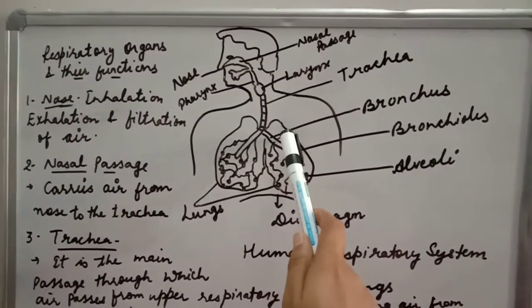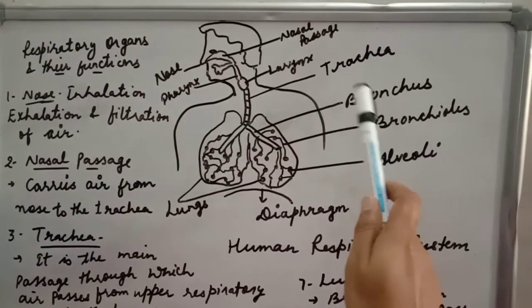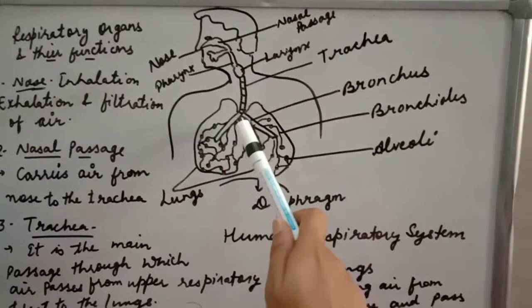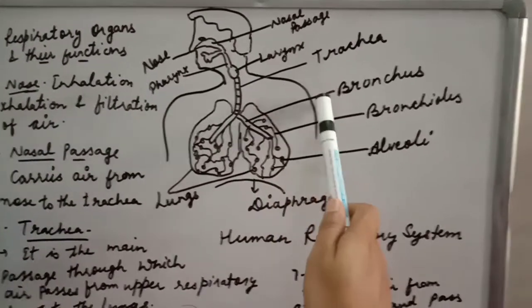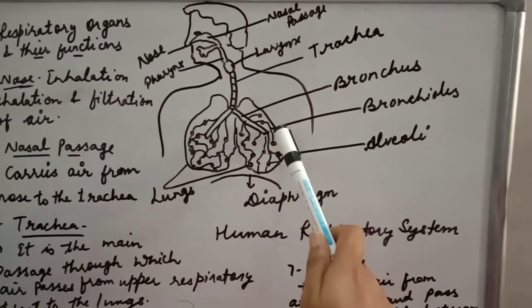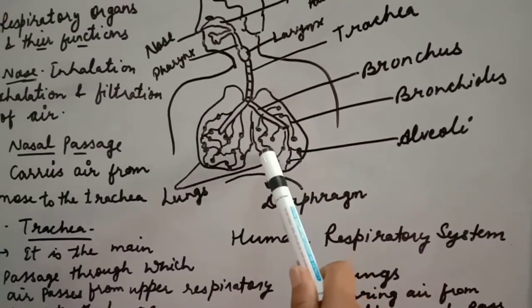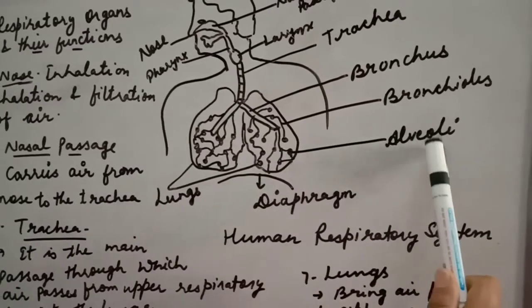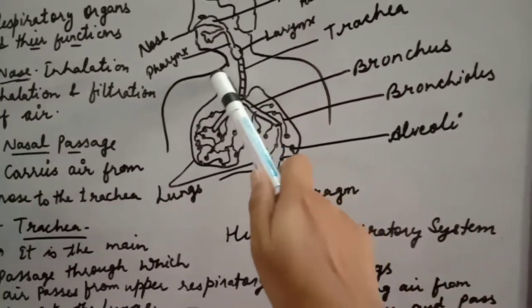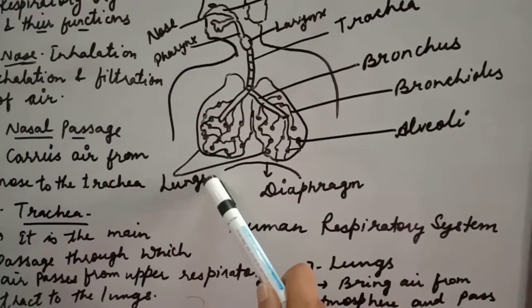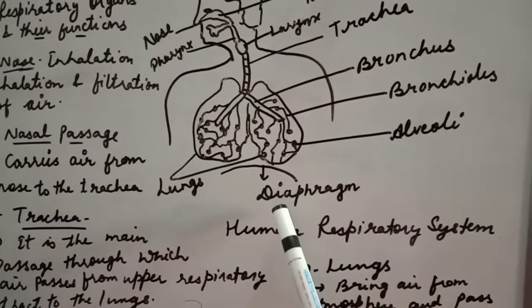There are two bronchi, known as bronchi in plural and bronchus in singular. उसके बाद there are many branches of bronchus, and these branches are known as bronchioles. Then these bronchioles give rise to the alveoli, and then we are having balloon-like structure called lungs. Then we are having the diaphragm.